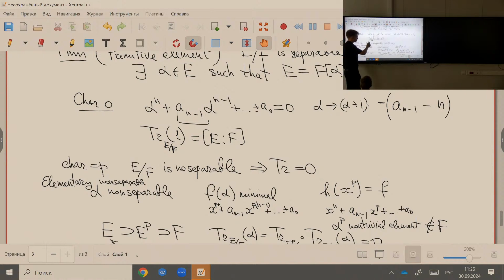The trace of a unit is just the degree. But if this extension is separable, it can happen that this degree is divisible by p. So the problem is that you may have a separable extension, but this coefficient can be 0 in the separable extension.